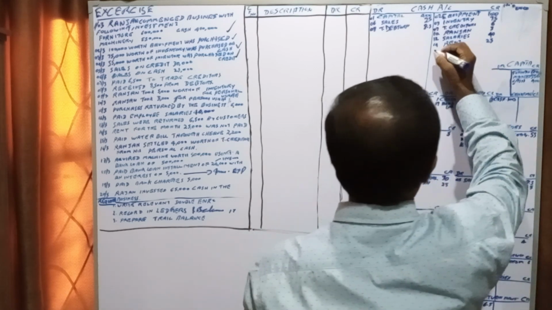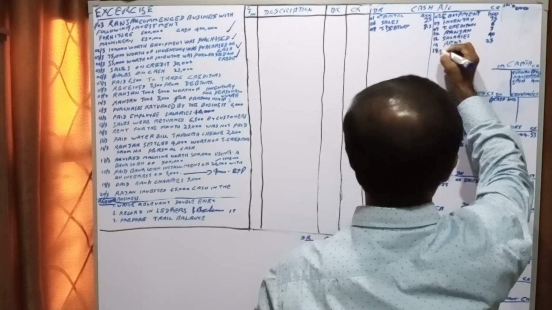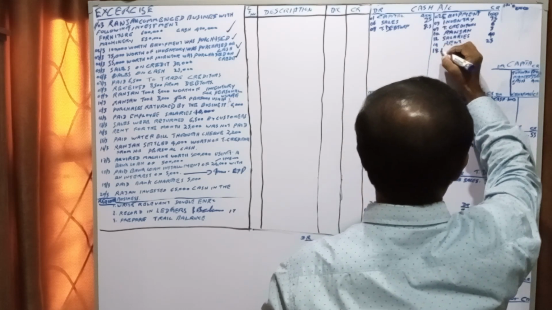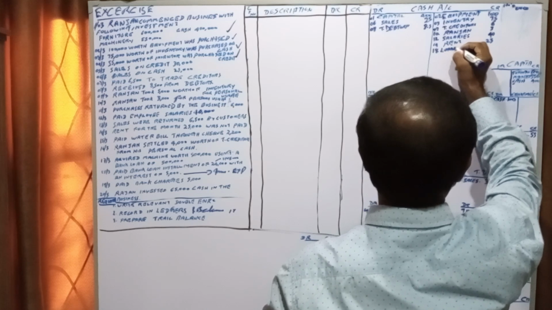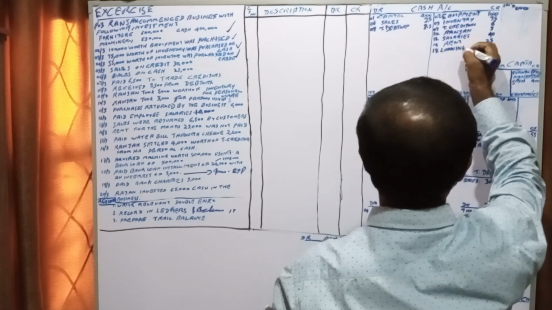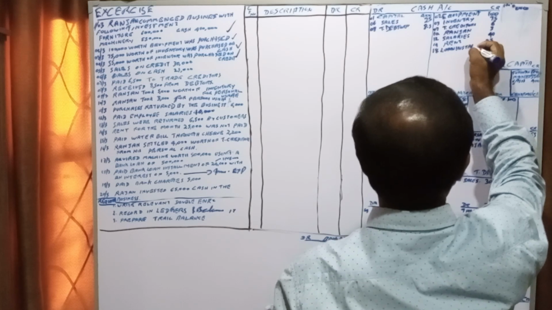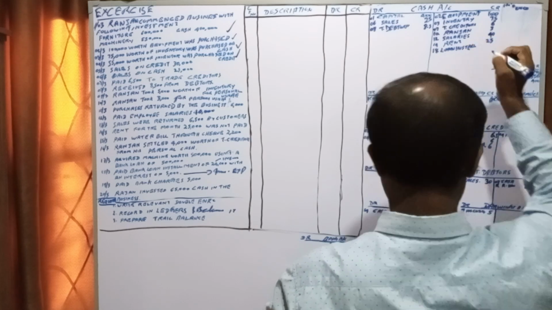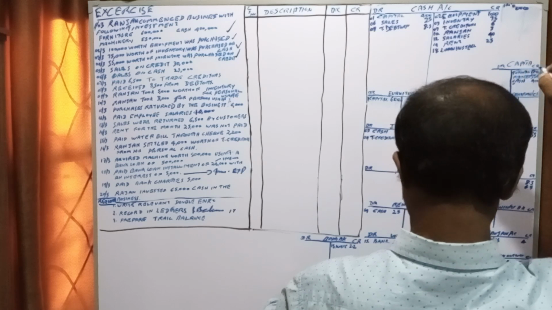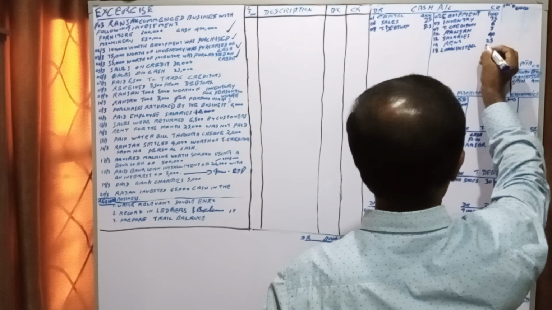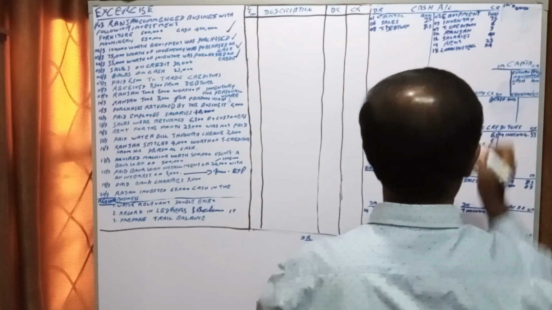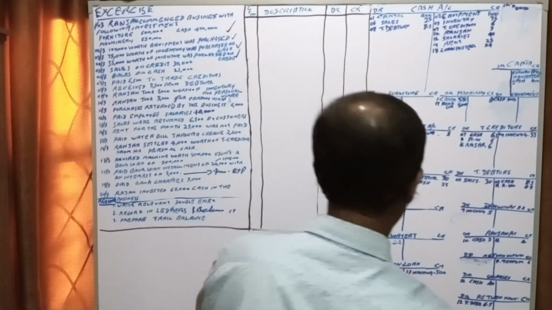Cash account credited, 18th adjustment, loan installment, 24,000. Here we will say cash.